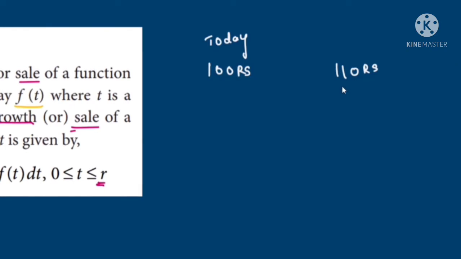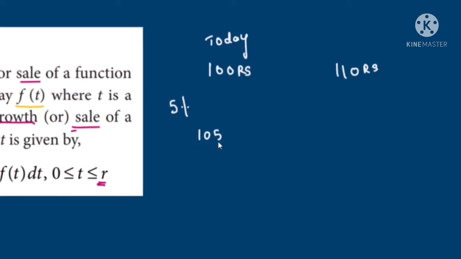If you are getting 100 rupees today, you can lend the money at some 5% interest. It's a small amount, I'm just telling you. So you can lend the money at 5% interest for 1 year, and the amount that you receive will be 105 rupees.